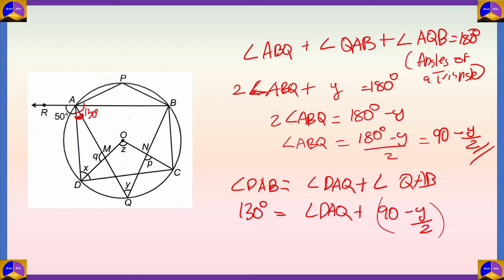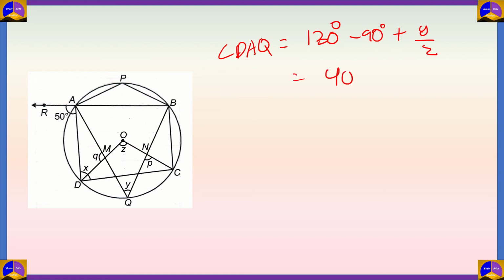So if we take DAQ to the other side, we get DAQ is equal to 130 degrees minus 90 minus y by 2. So angle DAQ is equal to 130 degrees minus 90 plus y by 2, which is equal to 40 degrees plus y by 2. So this is the value of DAQ.